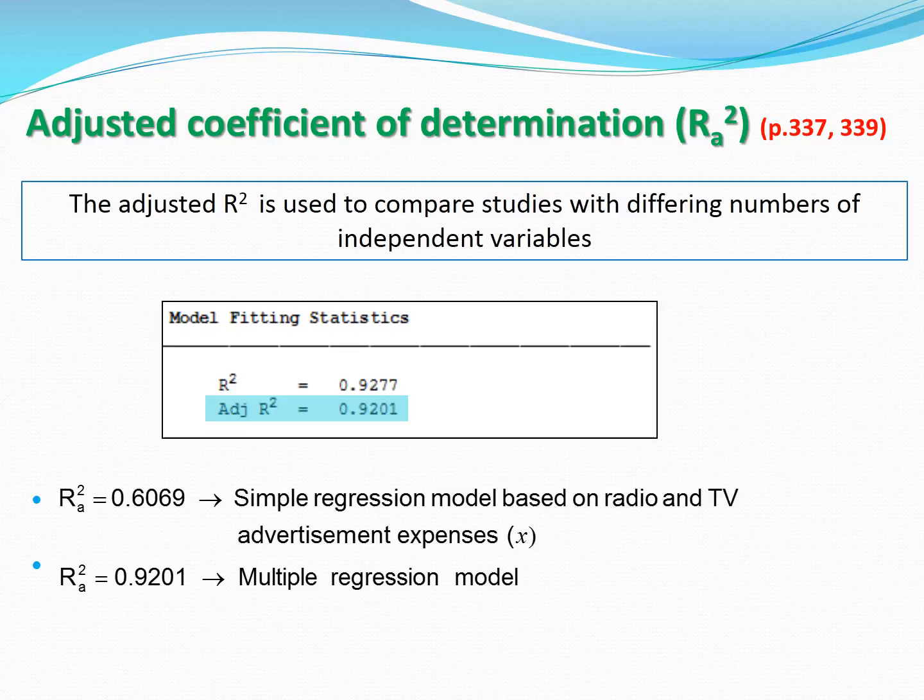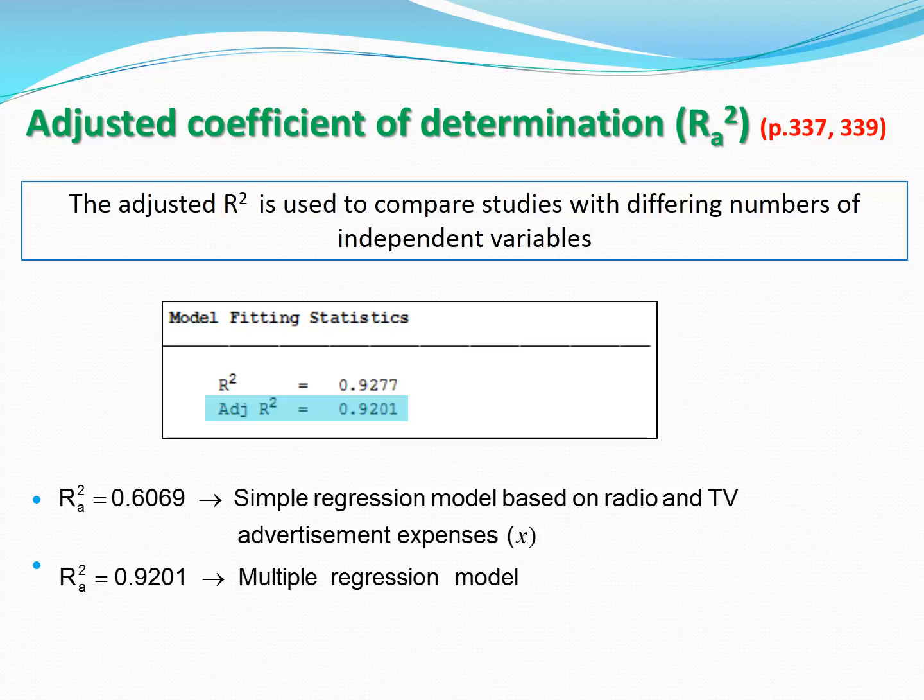One of the values that you should be able to calculate is the adjusted coefficient of determination, and this is denoted by R_A squared. It is given on your computer output, but sometimes we block it out and you have to calculate that value. Now we use the adjusted coefficient of determination if we want to compare studies with a differing number of independent variables.